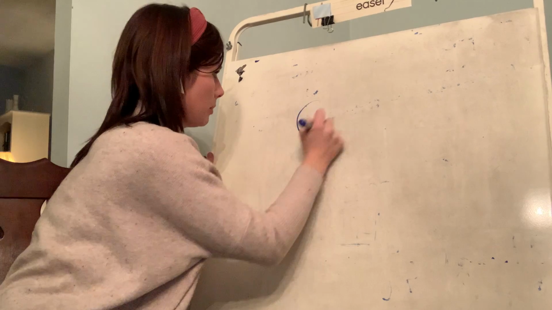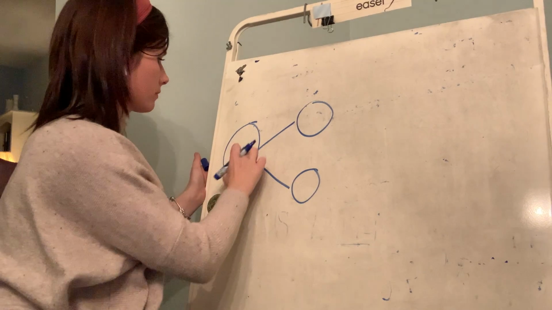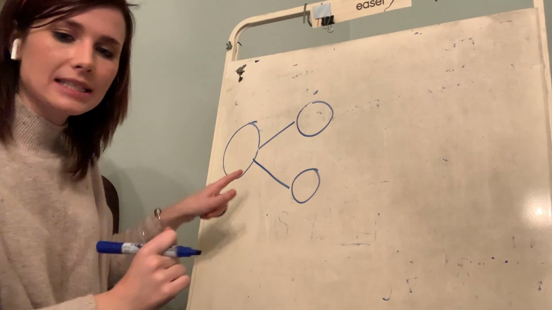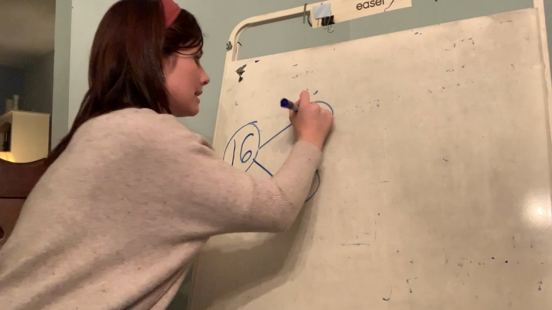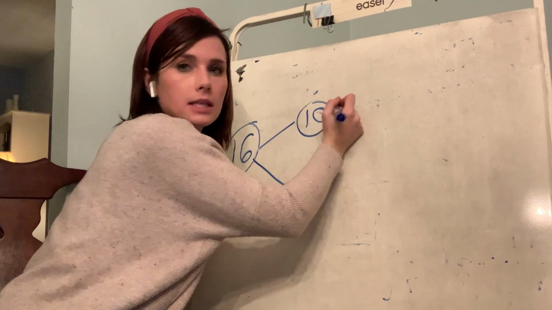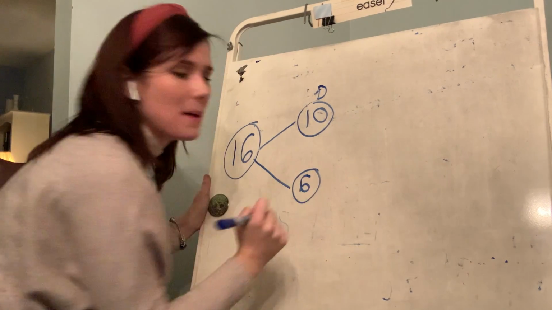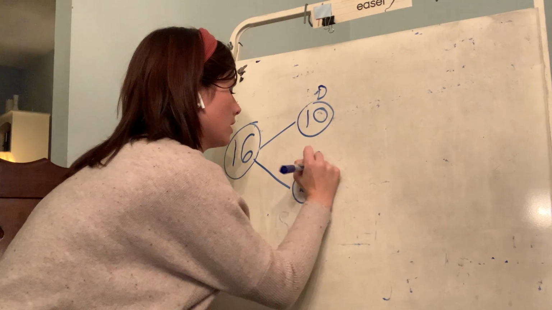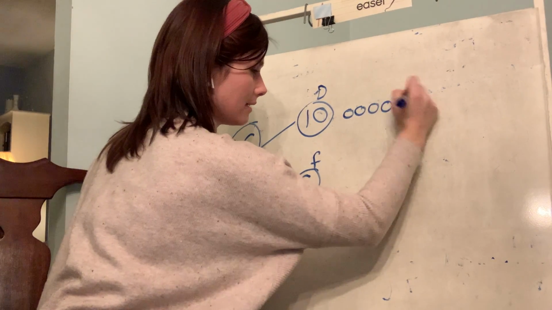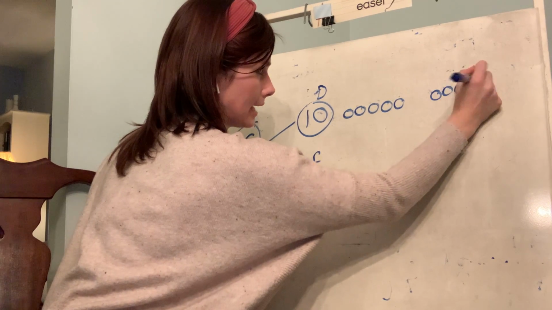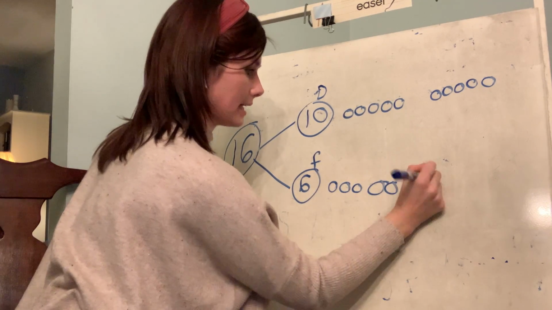All right, we have our part, part, whole. So we know there are 16 books on the table. 16 is our whole. 10 about dinosaurs, D, right? And 6 about fish, F, right? All right, draw your picture. 1, 2, 3, 4, 5, 6, 7, 8, 9, 10, and 6. 1, 2, 3, 4, 5, 6.